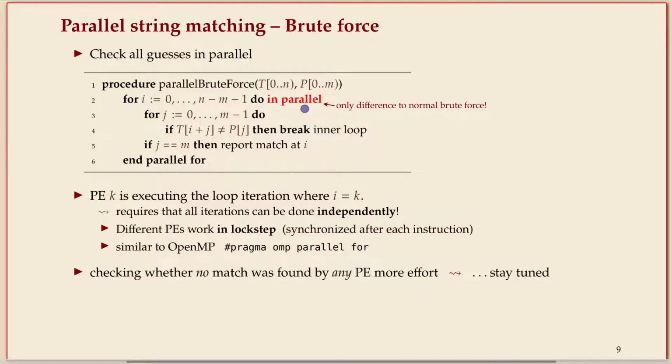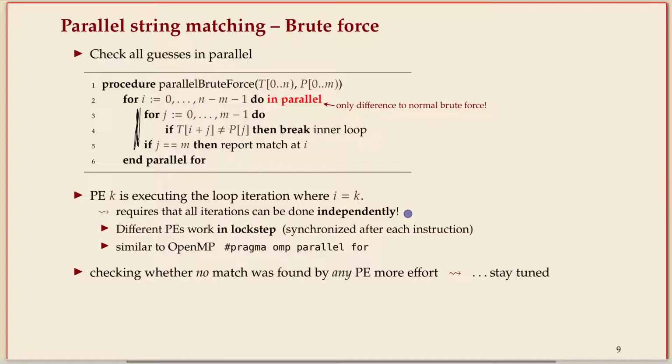The type of code we write for these parallel algorithms will usually be a for loop or something similar like this, and we just tack on this keyword in parallel, which is supposed to mean all these iterations of the for loop, this inner part that's repeated many times. Sequentially, we just go through all the different values of i. But now if I write in parallel, the understanding is we can do all of these, each on a different processing element, and the loop variable gives us the index of the processing element.